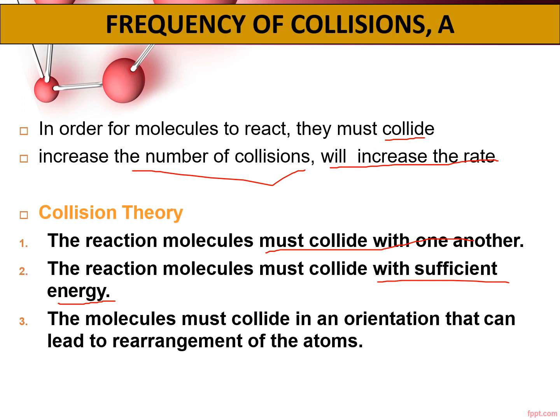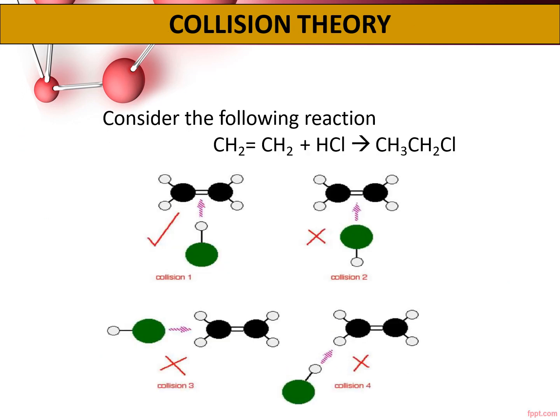The molecules must collide in the right orientation that can lead to a rearrangement of the atoms. This one I will show in a figure on how it happened. This is what I've been saying, that orientation is very important. Look at this one. This is how CH2 plus HCl produces CH3CH2Cl.